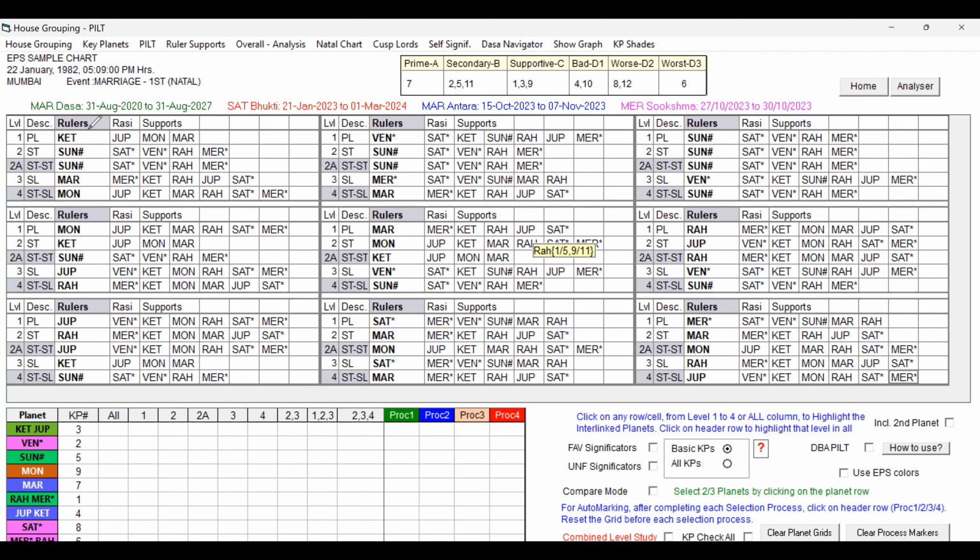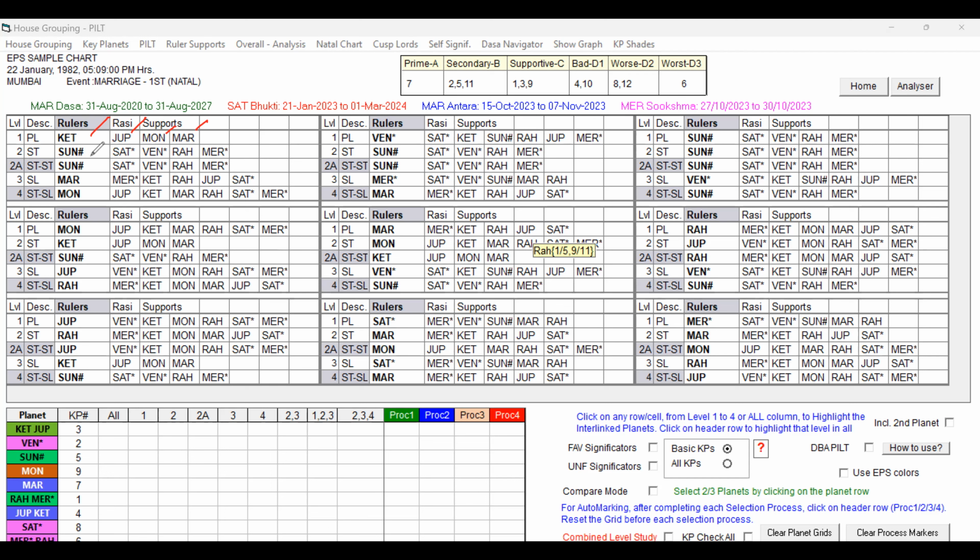Ketu, Rasi Lord Jupiter. Support planets are Moon and Mars. It means Ketu is connected to Moon and Mars. How they are connected, conjunction or aspect, we don't know. It is indicating each planet, support planets, and Rasi Lord separately.